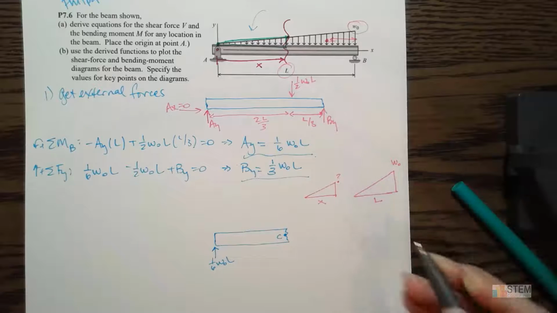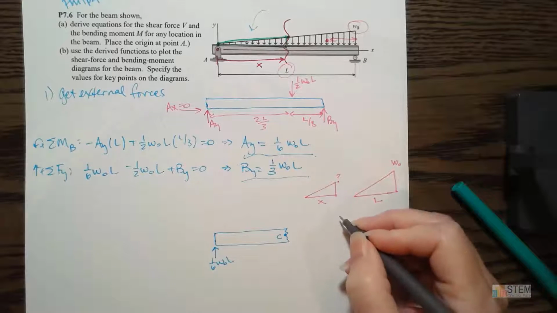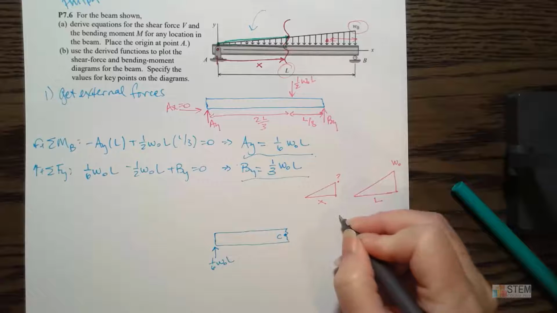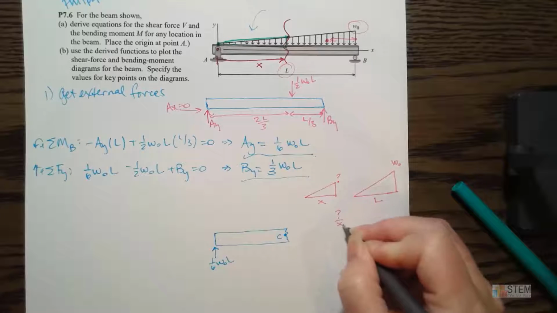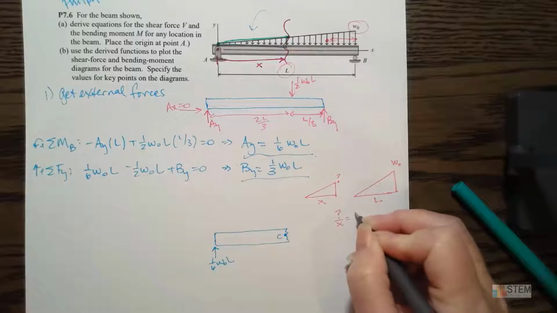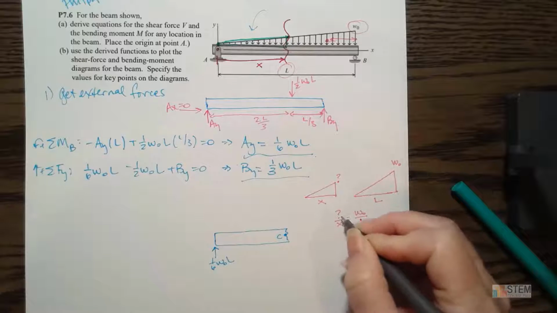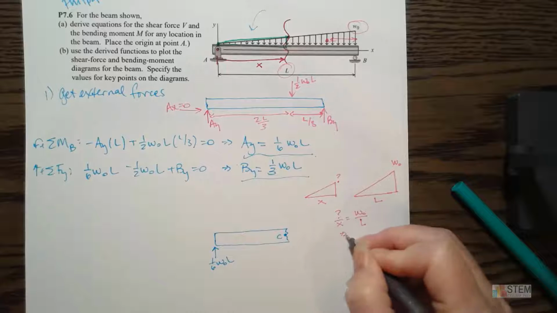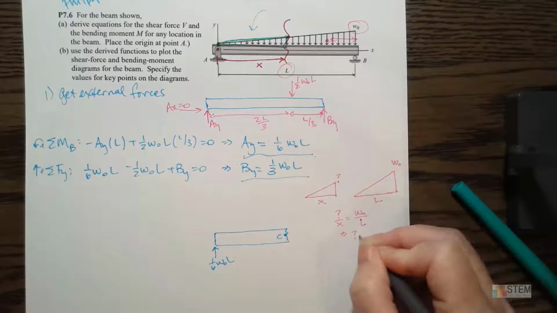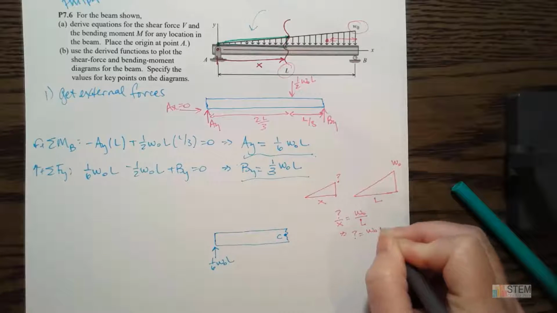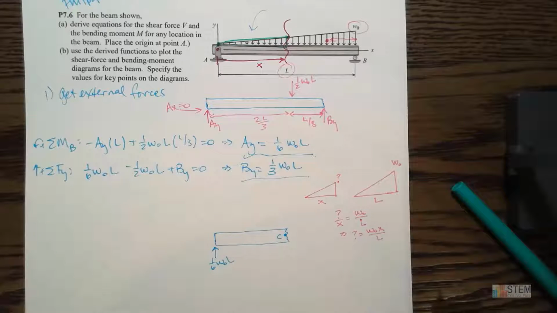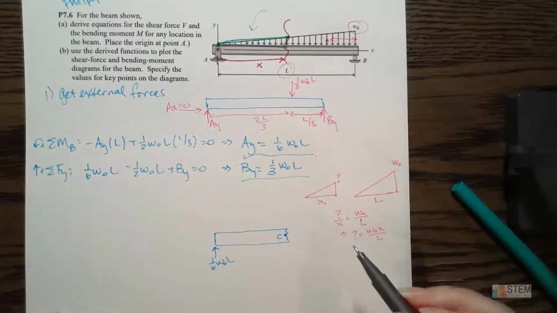So if we do similar triangles here, I can say the question mark over X needs to equal W0 over L, right? And then I want to find that question mark. So question mark would be W0 X over L. So that is what we are looking at for our distributed load here.